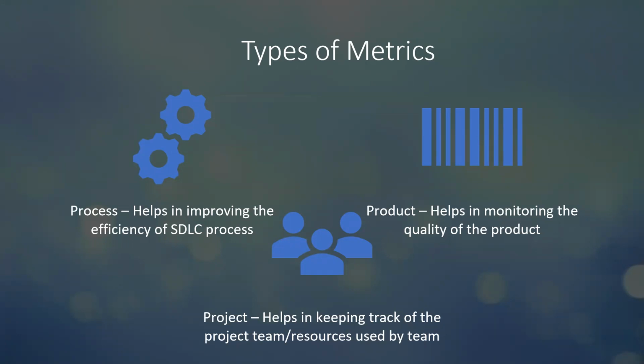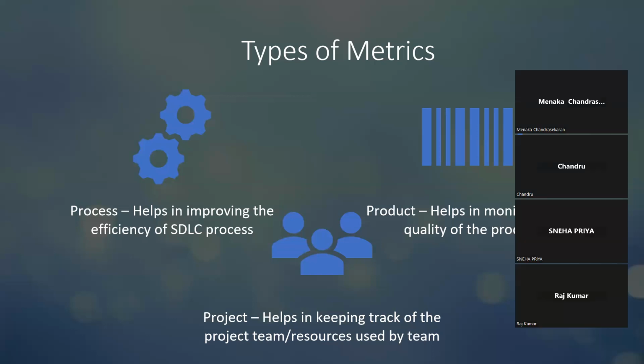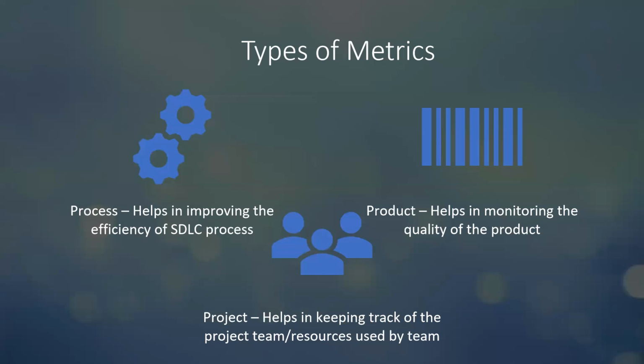Whatever metrics are related to the product, in the sense of how the software will be developed, what will be the cost, and when will be the deadline, such kind of measuring with respect to the product is called product metrics. And project metrics are related to our project.